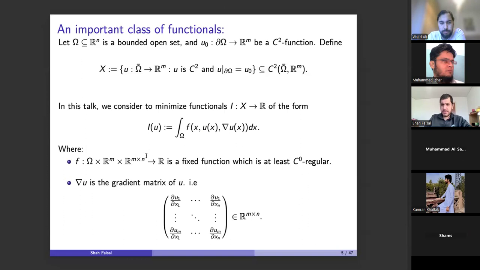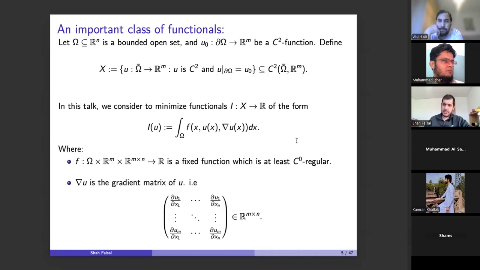And we consider the following functional on this space. So you take some function small f, which is defined on omega times Rm times R^(m×n) to R. And the function is doing the following thing. So you take a function u from the space X, you plug this function and its gradient, which I have written here, in f, and then integrate over omega.